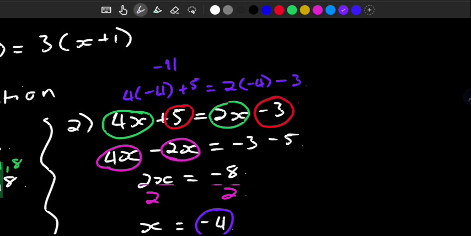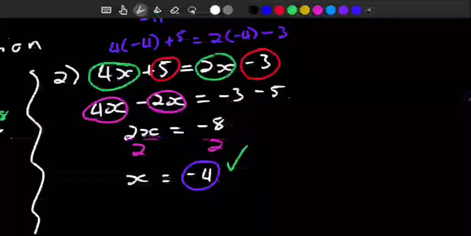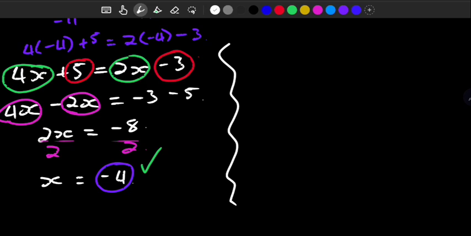Apologies for that. Negative 11, right? And on the right, 2 times negative 4 is negative 8, minus 3 is negative 11, and the right hand side is equal to the left hand side. We know we're correct, right? Moving on to the next one.